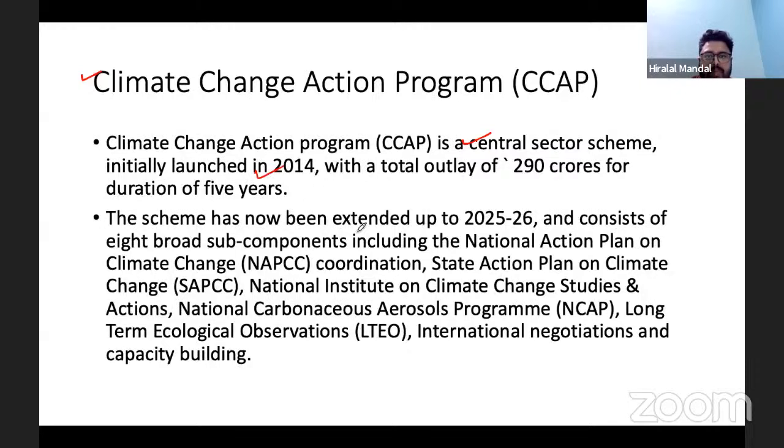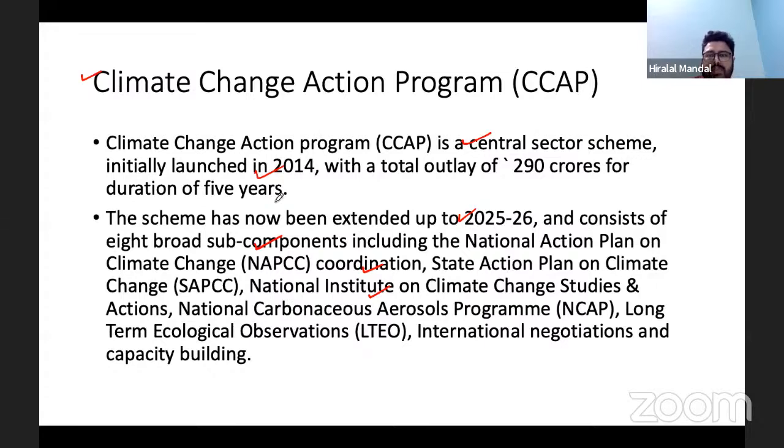The duration was 5 years, and it has been extended to 2025-26. It has eight broad components, which include National Action Plan on Climate Change coordination, coordination with other institutions, long-term ecological observations, international negotiation, and capacity building. So that is another program that has been started.